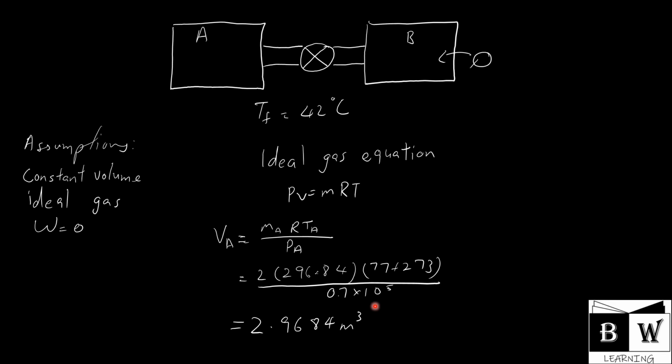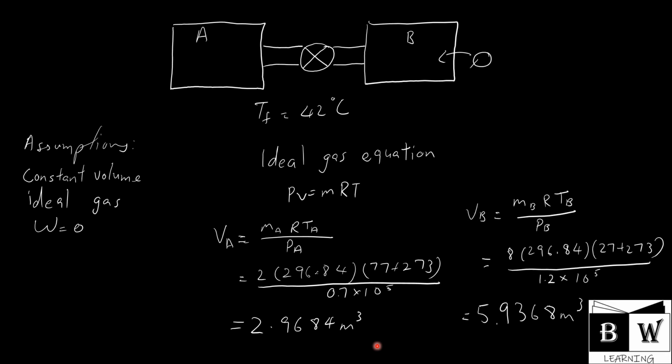The reason I do that is because we are given the pressure in bar, so we need to convert it into Pascal to solve this. In the end, you should have 2.9684 meter cube of carbon monoxide in tank A.